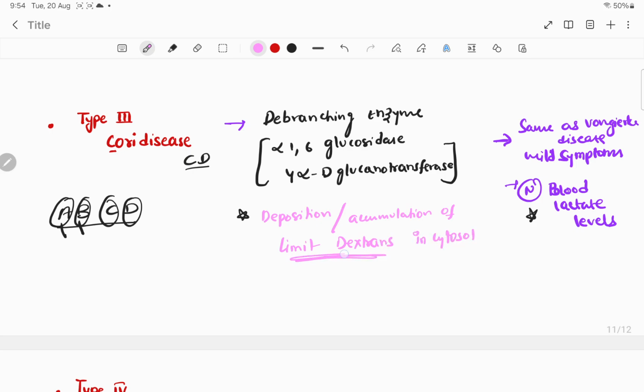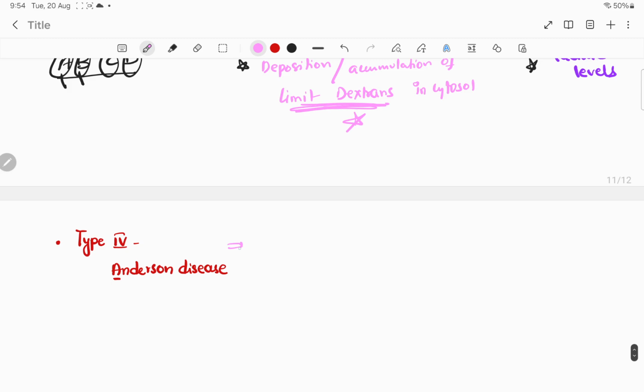This is the important point: among the glycogen storage diseases, limit dextrins accumulating in the cytosol is seen in Cori disease. And type 4, Anderson's, A means branching enzyme, right? So it occurs due to the deficiency of the branching enzyme.